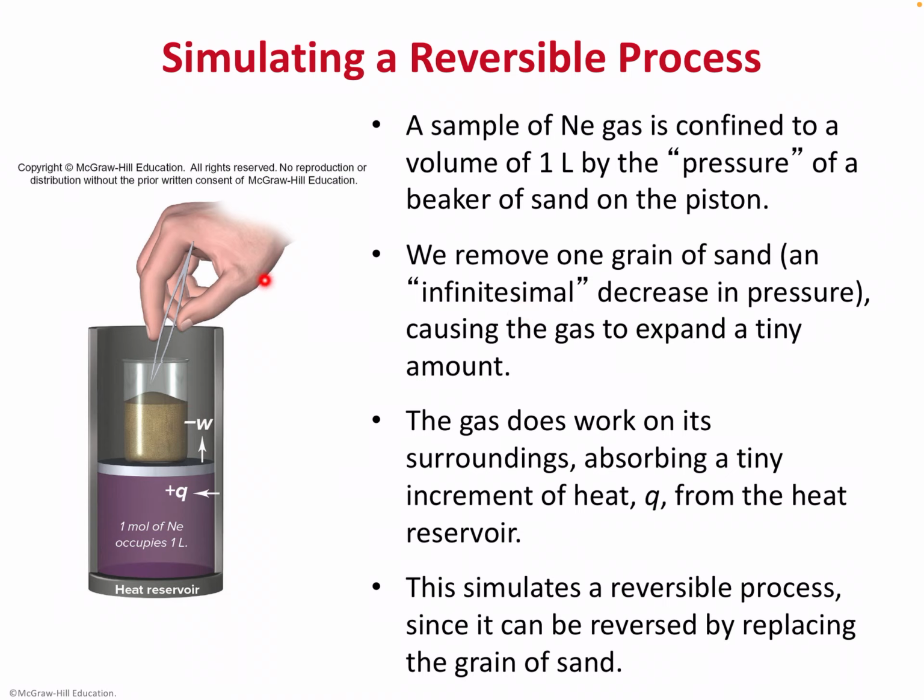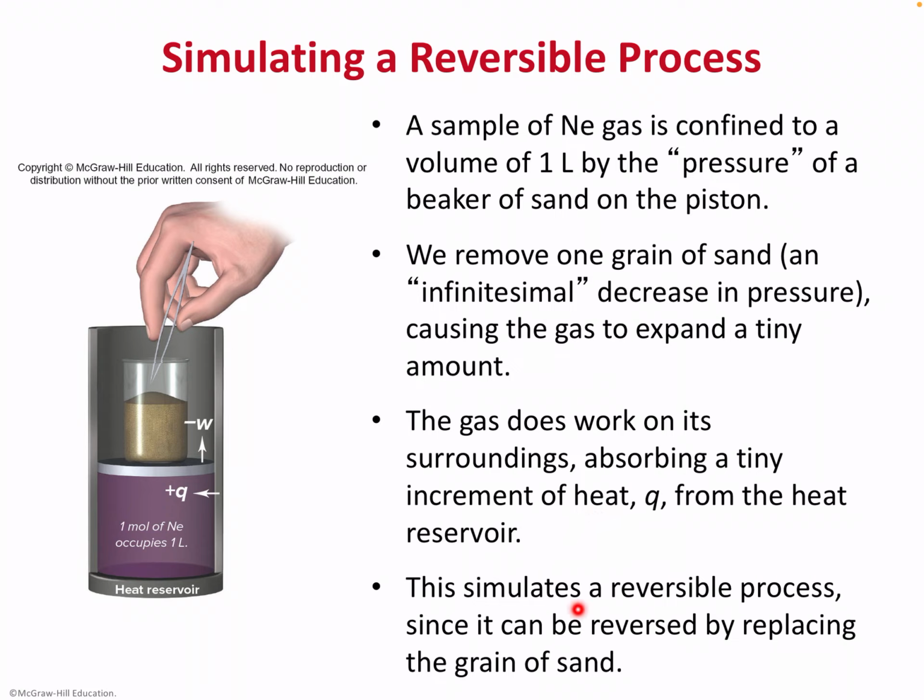When you remove sand, what happened to the pressure? It decreases. As the pressure decreases, what happened to the volume? It increases. If the pressure decreases, then the volume of the neon gas will increase. In other words, it would cause the gas to expand a tiny amount. And then, who is doing the work? Gas is doing the work. The gas does work on its surroundings, absorbing a tiny increment of heat, Q, from the heat reservoir.